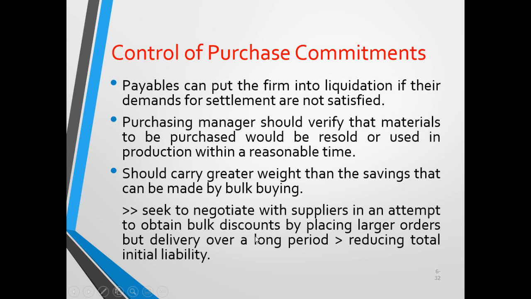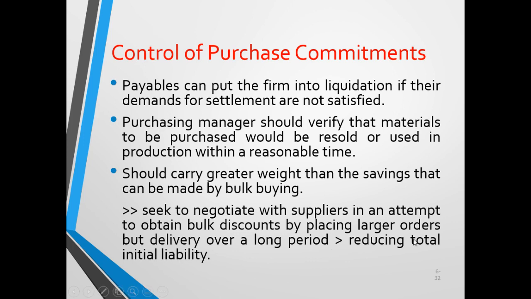So this is something you can negotiate, right? You can try to get a bulk discount, saying that all right, in the next 6 months I want to buy maybe 100,000 quantity of products, but placing large orders with delivery over a long period. Alright, so you are making a large order, but you're getting it in small packages.